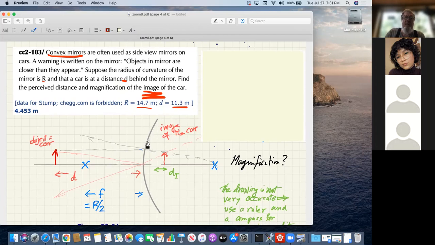Now, a convex mirror, if it's parabolic or if it's spherical but approximately parabolic, has this focal length. Namely, the outgoing ray comes from the direction of the focal point over here, the focal point behind the mirror.